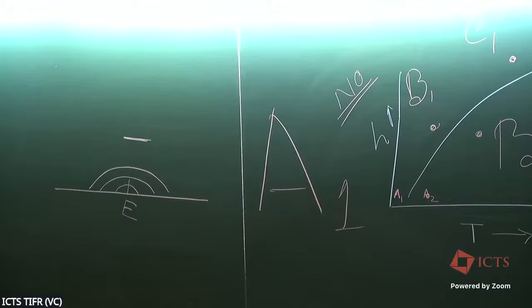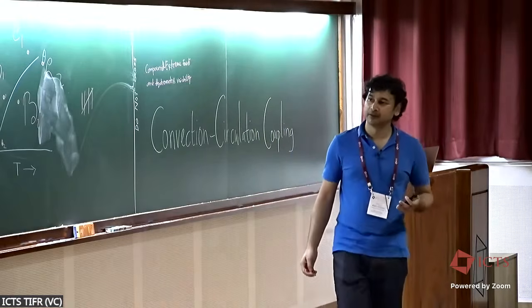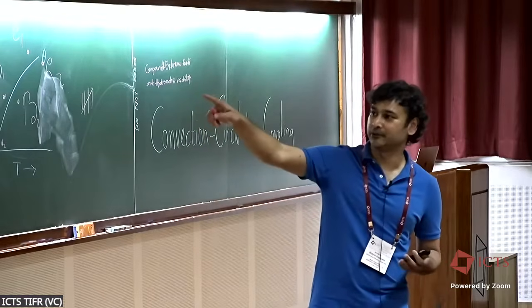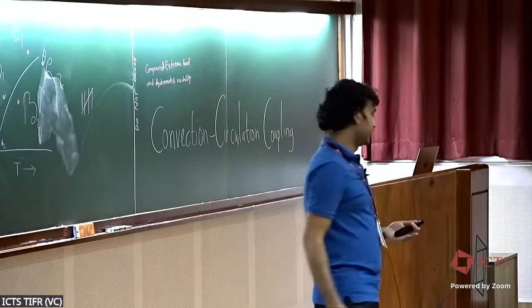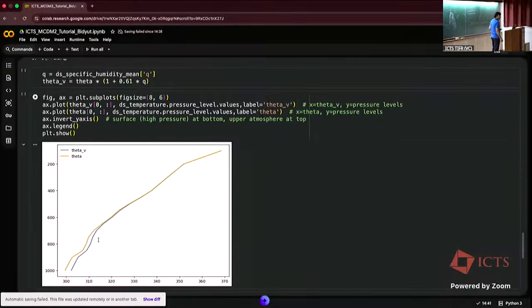And when I plot theta V and theta, we started from A1, we went up to A2, we went up to B2, and beyond that, theta V and theta are almost the same. So in your copied Colab notebook, you could plot it. It runs. Anybody who didn't use Colab before? Oh, okay. But you are doing good, right? Yes.